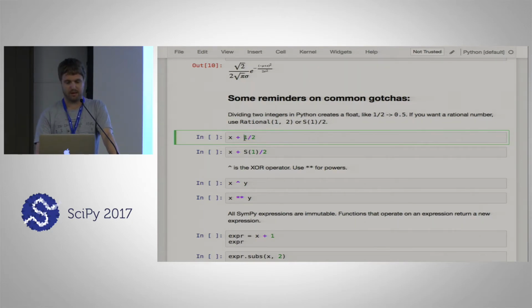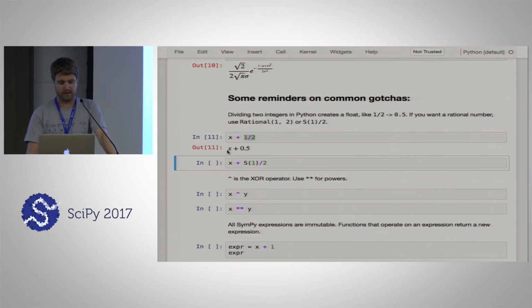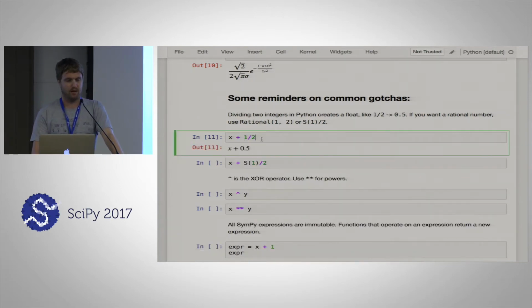But when Python sees this integer divided by integer, this 1 over 2 gets evaluated before SymPy ever gets kicked in. And what Python's going to do is create a floating point number. So you can see here we have x plus 0.5, which is sometimes fine for what you want, but often SymPy works better if you use exact rational numbers instead of floating point numbers.